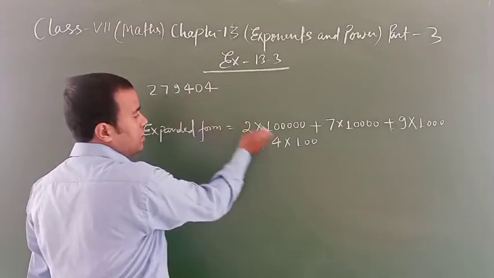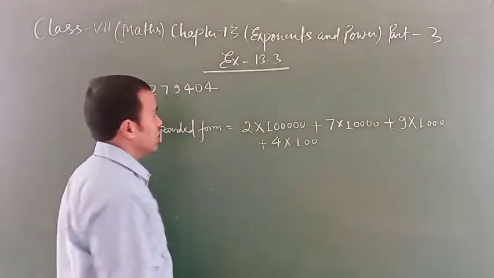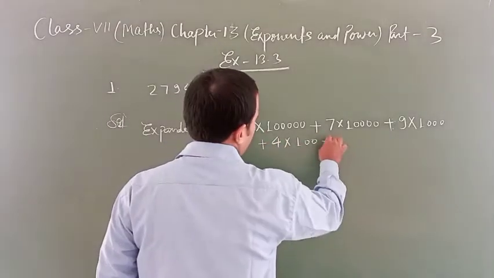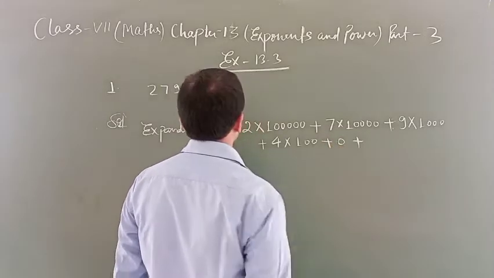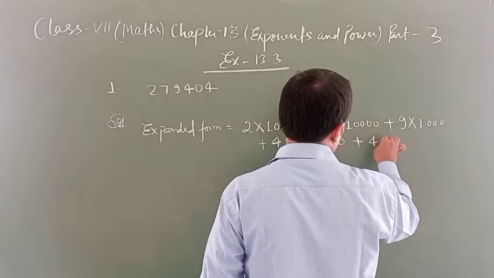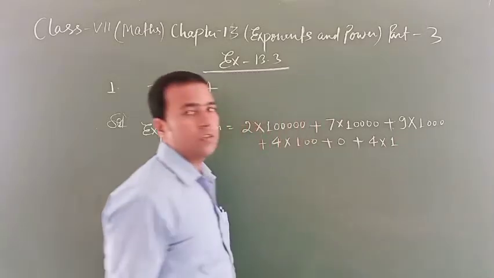After 4, 2 digits are there, that's why 2 zeros we have taken. Then 0, plus 4 into 1.